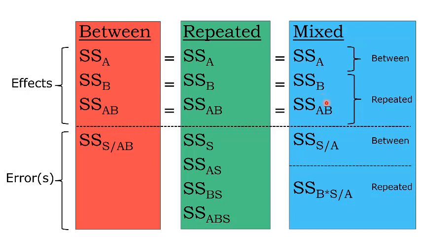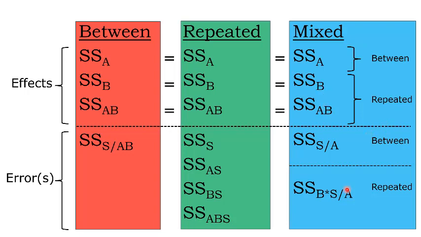Because they're both repeated measures components, they both get the same error. So they're both going to be covered by B by S with an A. So the between gets a between, and then both of these get a repeated measures error term.